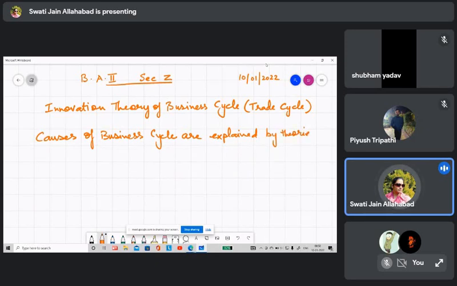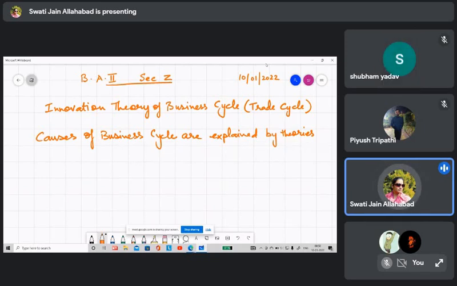As you have seen, there can be a psychological theory, a sunspot theory, a weather-based theory, an expectation-based theory, different theories. But we are talking about economic theories which explain the generation of business cycle, or why fluctuations in economic activity take place.